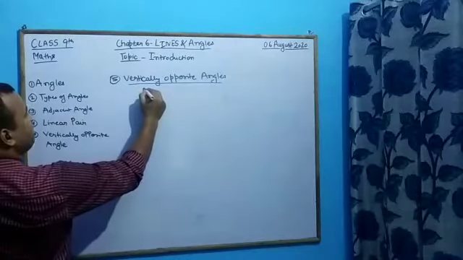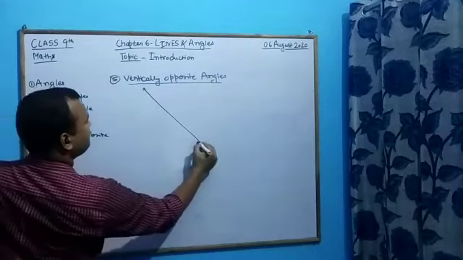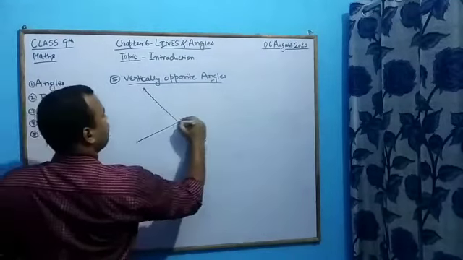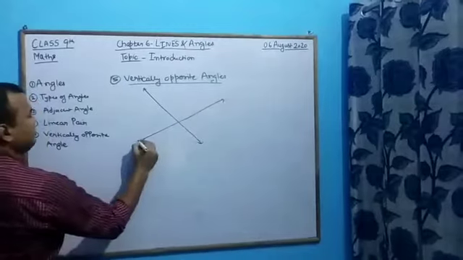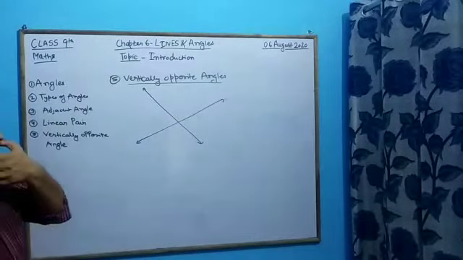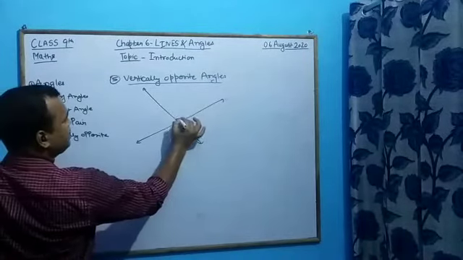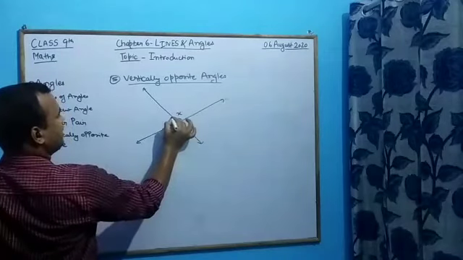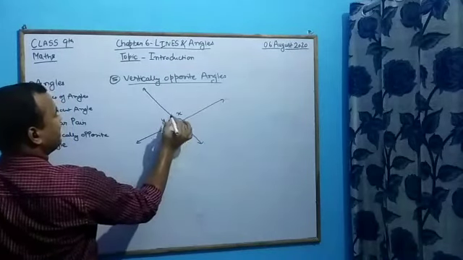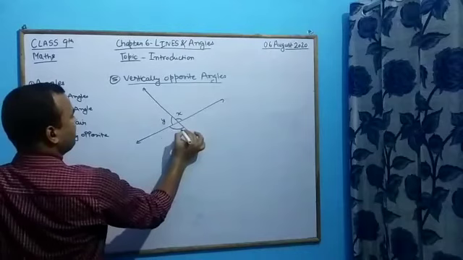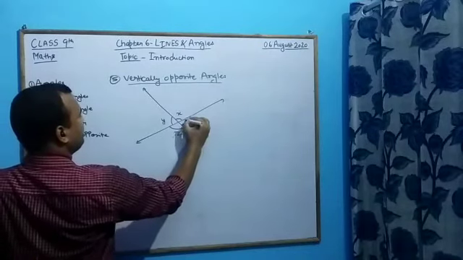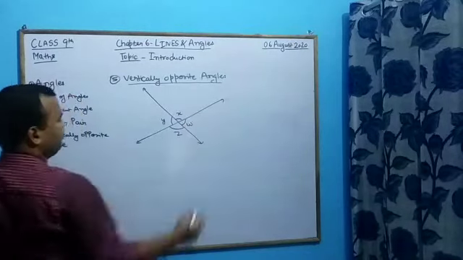When we have two lines crossing each other, or intersecting each other, we get four angles. Let this angle be x, this angle be y, this angle be z, and this angle be w.